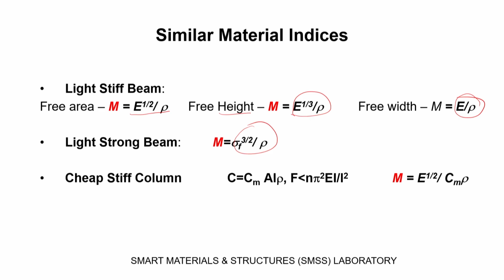And if I consider a column member, then it is C m rho, and the material property index correspondingly is square root of E over C m rho. So, you can actually find out similar material property index corresponding to every application, and we can use Ashby's book, Materials Selection in Mechanical Design, very effectively. Okay.